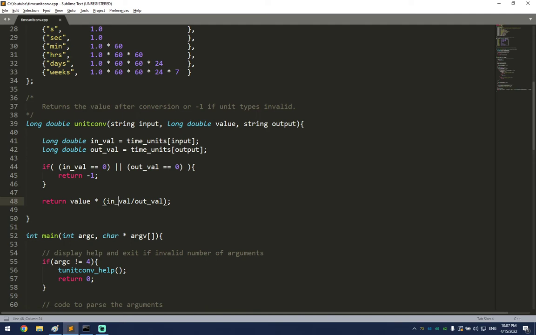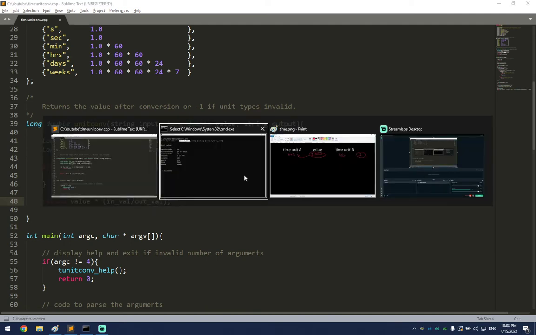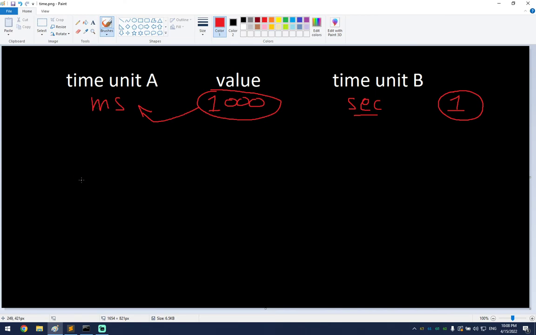What I'm doing here is very straightforward. You can see that I'm dividing this ratio by the other ratio, okay? So let's explain how this works. If you write this down as a mathematical equation, you have a value x, which is what the user gives, and a time unit a. Let's symbolize this with a small a, and this equals another value y when we represent it in the time unit b. So let's make this a small b just to represent this easily.